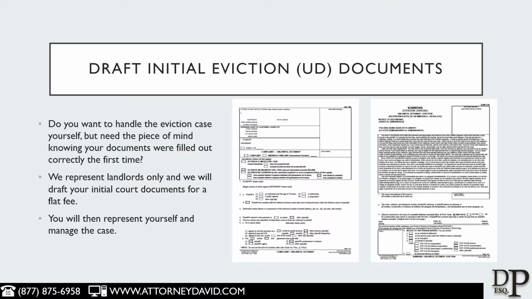And under this option, we would create all of these initial pleading documents for you, and then we would submit these forms back to you, and then it would be your responsibility as the landlord to have the paperwork filed at the courthouse with the court filing fee, unless you're getting a fee waiver.